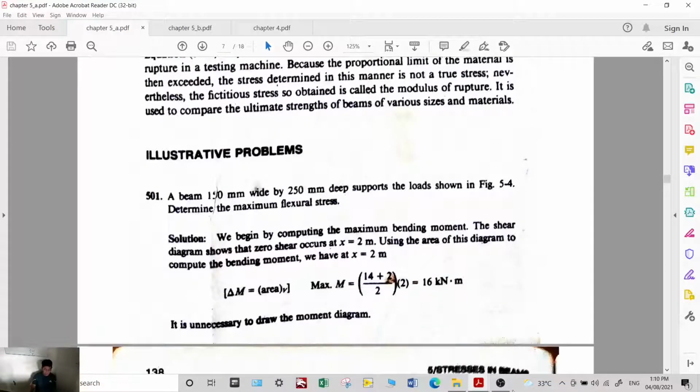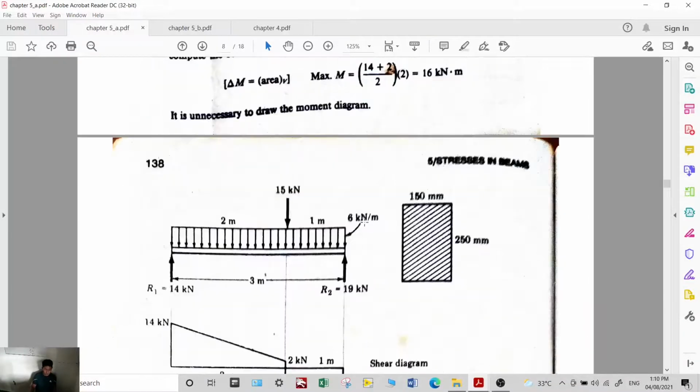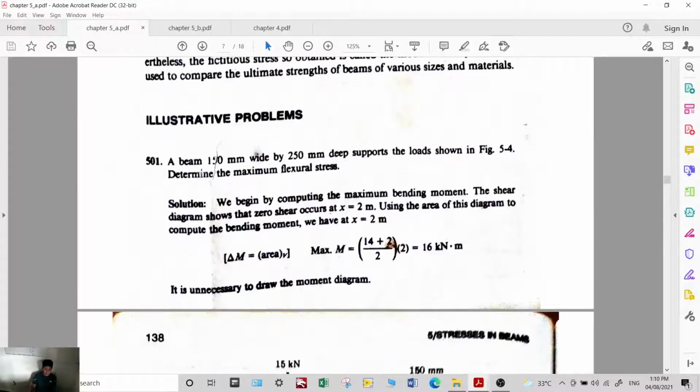This one. We have a beam 150 millimeters wide by 250 millimeters deep. Supports the load shown in the figure. Determine the maximum flexural stress.